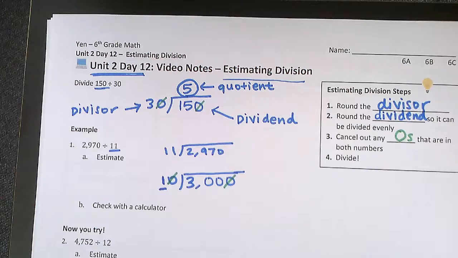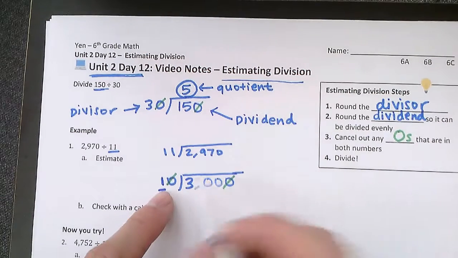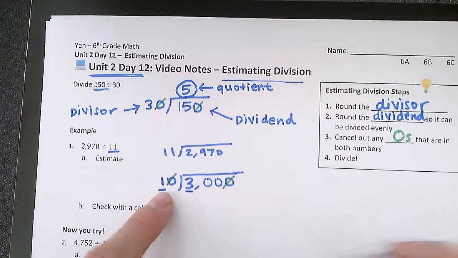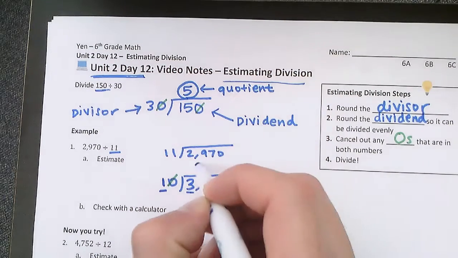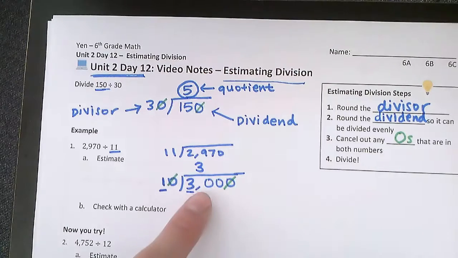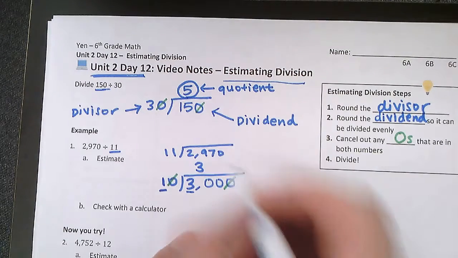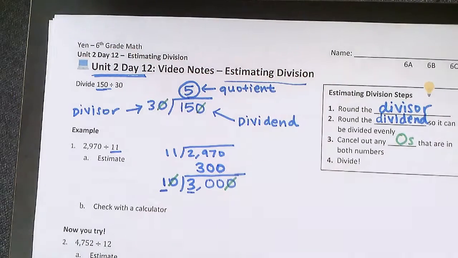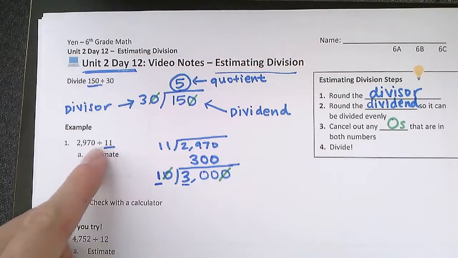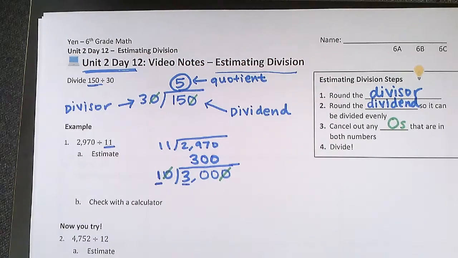And now I can just think 1 and 3. 3 divided by 1 is 3. And then I still have these 2 zeros here. I don't lose those zeros. Those go in my answer. So my estimate for 2,970 divided by 11 is 300.